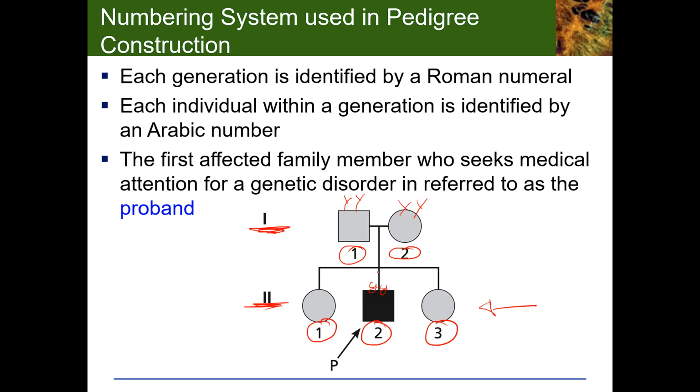Because each parent would have to contribute something to that child. That means when you work these backwards, that this parent was probably big Y, little y, and that this parent here was big Y, little y. And that way, for this child to have the trait, they would get one little y from mom and one little y from dad, and that's the only way that this would happen.